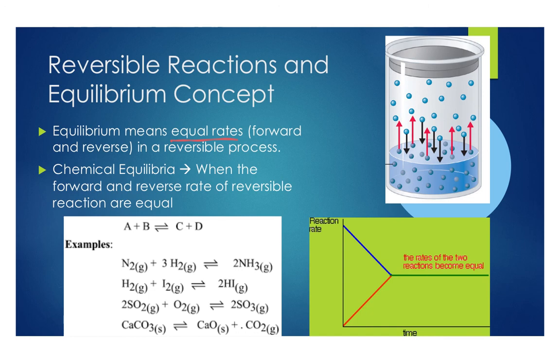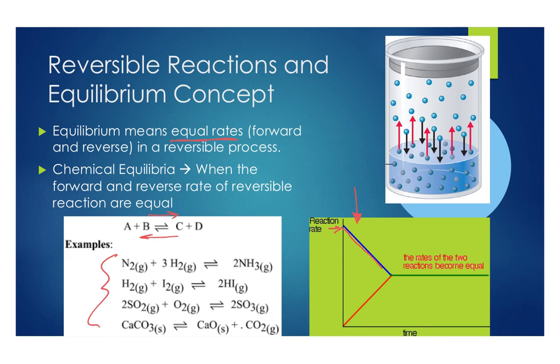In terms of chemical equilibrium, it's when the forward and reverse rates of the reversible reaction are equal. In other words, our forward reaction and our reverse reaction are happening at equal rates. There are a whole bunch of different reversible reactions that can come to equilibrium. Say we have a reversible reaction, and at first the reaction is going in the forward direction, so reactants are being turned into products.